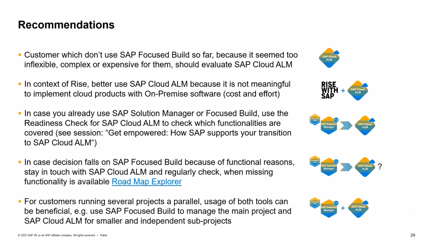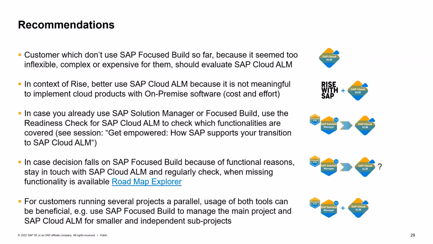And another valid option, especially for bigger customers which run several projects in parallel, is to think about whether they want to run their bigger implementation projects still with Focus Build, and for instance some smaller projects with SAP Cloud ALM.